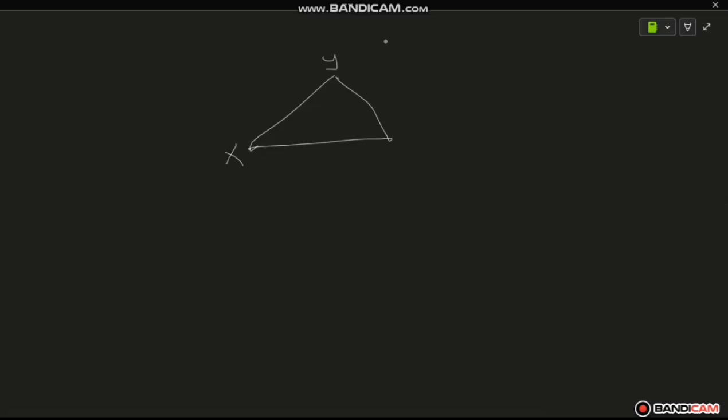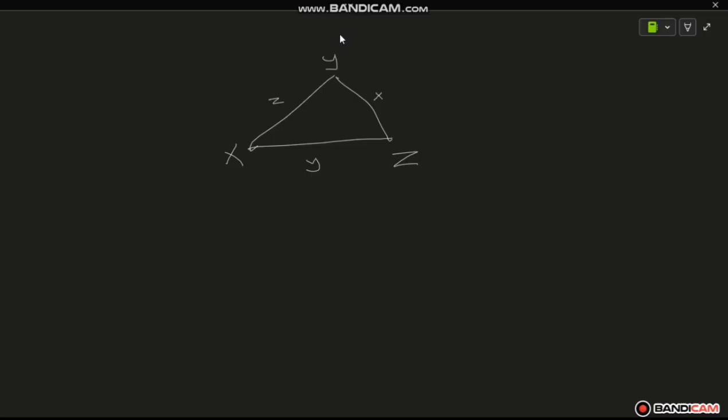Then we add them, not forgetting the squared, minus 2 times those two sides, cos the included angle. Let's say we have triangle XYZ, with sides z, and small letters x and y.